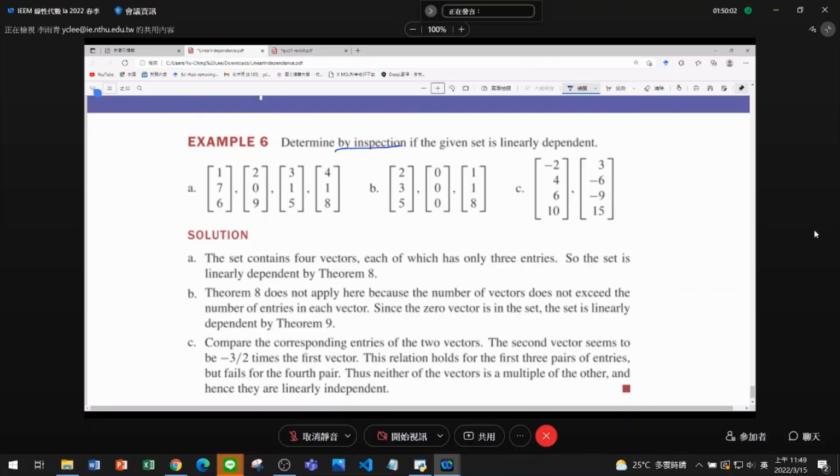We are almost there, but for the fourth entry, 10 and 15, the multiple -3/2 does not work. So they are not multiples of each other, and we determine that they are linearly independent.